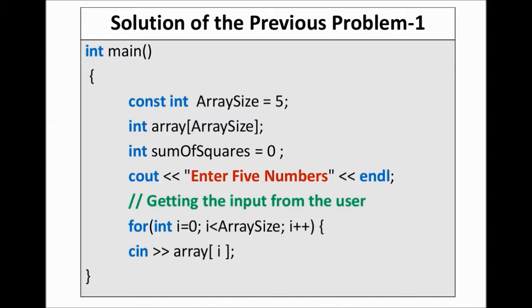We initialize it with 0. Then we use a for loop to enter the values in this array. We write for int i is equal to 0, i less than array size, i plus plus, and cin into the array with the index value, that is i.